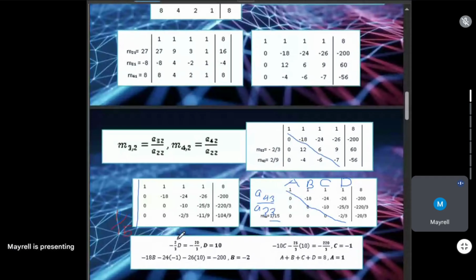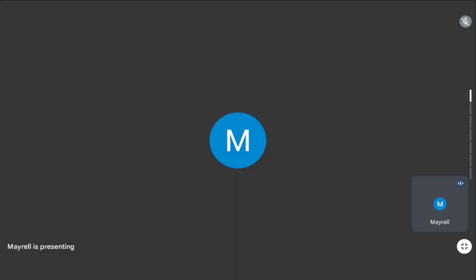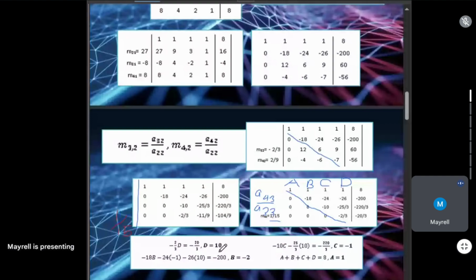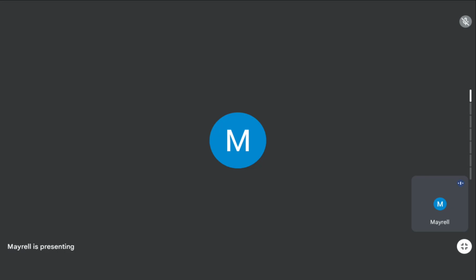So that is negative 10C minus 25 over 3D equals negative 220 over 3. So muna siya, negative 10C minus 25 over 3D, which we have the value na sa D, 10, equals negative 220 over 3. So we can solve for C.